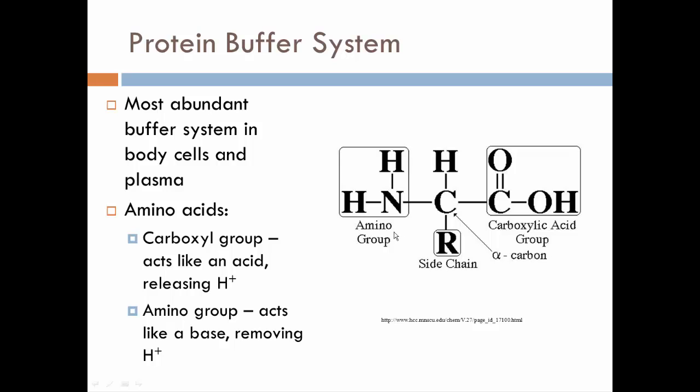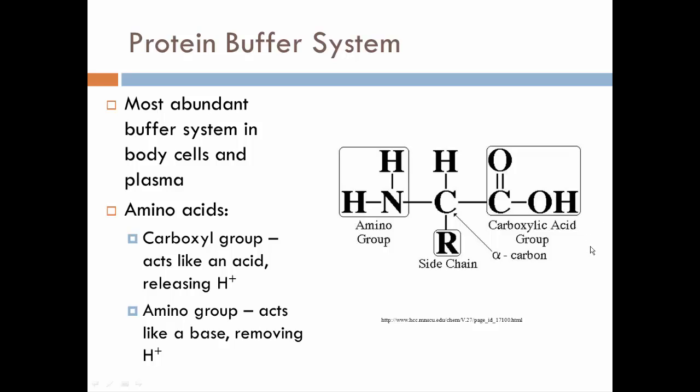Remember, proteins consist of strings of amino acids, and the amino acids have an amino group, the NH2, and a carboxyl group, the COOH. We're going to use these to help in either accepting or donating protons, those hydrogen ions, in order to keep pH constant. The carboxyl group acts like an acid when needed, and it can release hydrogen ions into solution, thereby lowering pH.